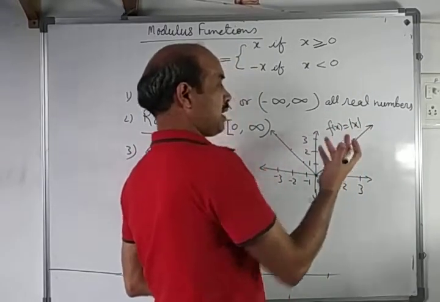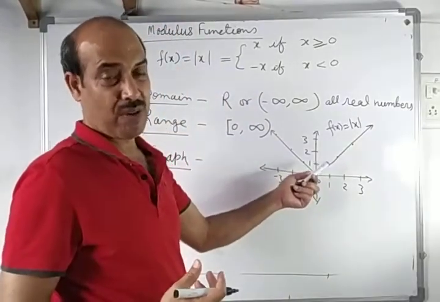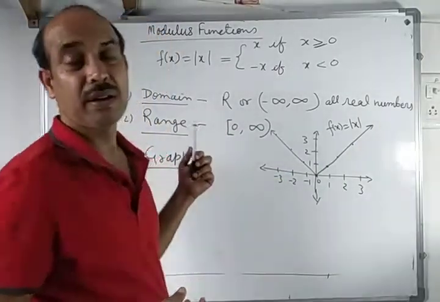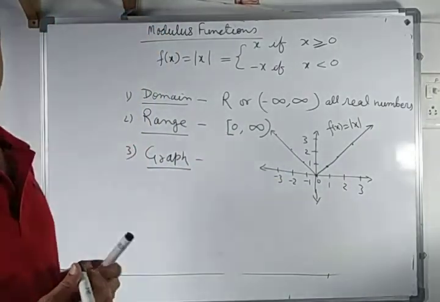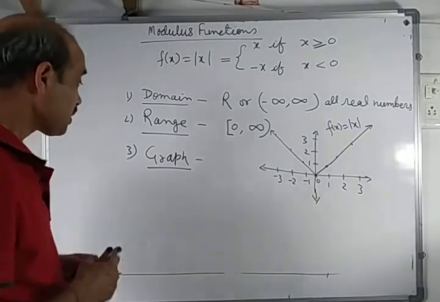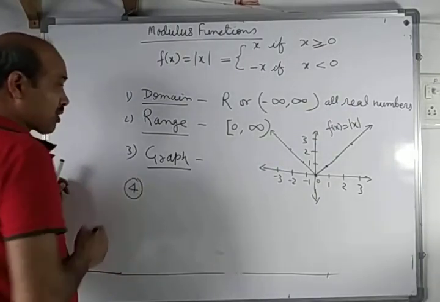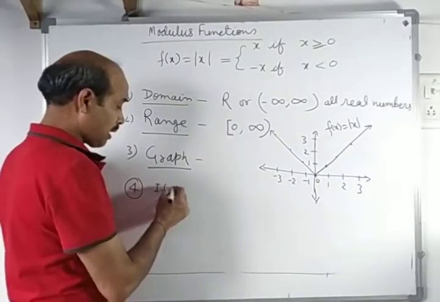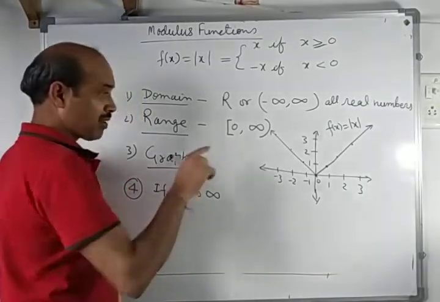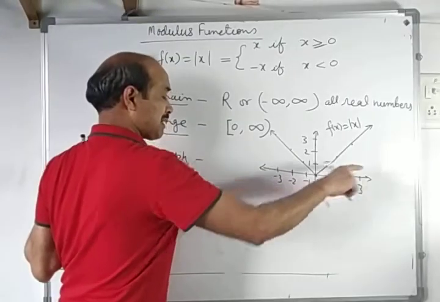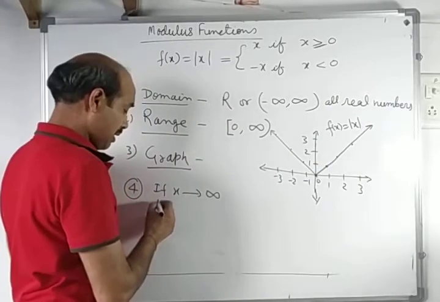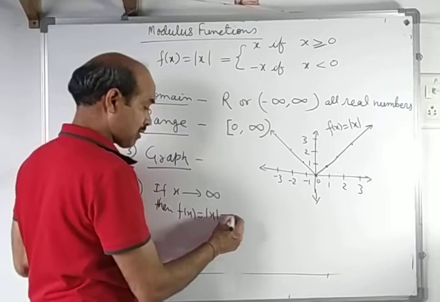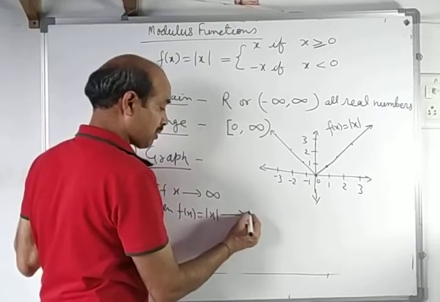On the right hand side it is like the identity function, f(x) = x. But on the left side of the y-axis, f(x) = minus x. So this is the graph of the function. We can also add one more thing. If x goes towards plus infinity, meaning you are increasing x, the value is also increasing, then f(x) = |x| is also increasing towards plus infinity.